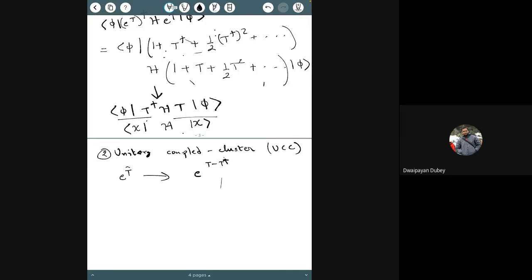So what good does this do? If you take the ansatz to be e to the power T minus T dagger, then T minus T dagger is an anti-Hermitian operator, and an exponential of an anti-Hermitian operator is a unitary operator. So e to the power T minus T dagger becomes a unitary operator.